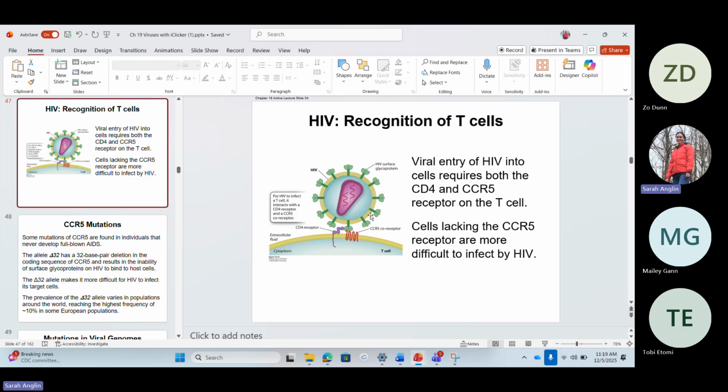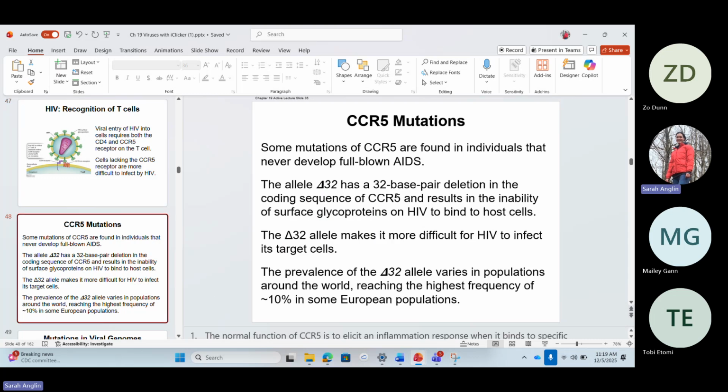And in order to gain entry into the cell, it has to have these two receptors. One receptor is a CD4 receptor, the other is a CCR5 receptor. So it's called a co-receptor because the two are needed. Interestingly, some individuals have a mutation in the gene that codes for the protein involved in that receptor, which is CCR5.